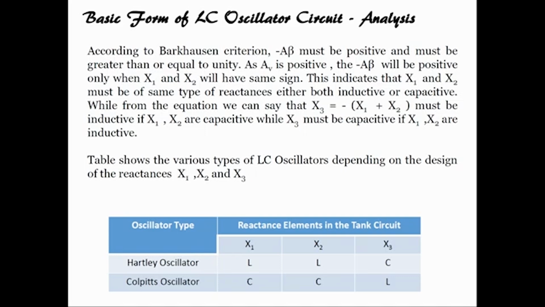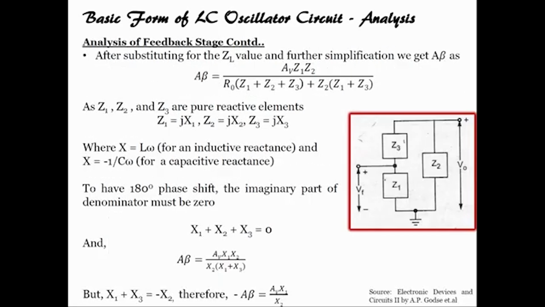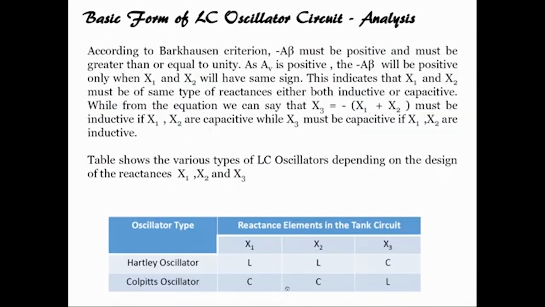This indicates that x1 and x2 should be the same type of reactances. You see here again, minus A beta equals AV into x1 by x2, but minus A beta should always be greater than or equal to 1. That means x1 and x2 should have the same type of reactance. So, either we can use x1 and x2 as inductive, or we can use x1 and x2 as capacitive.